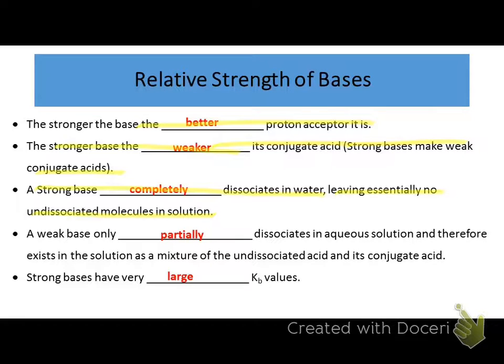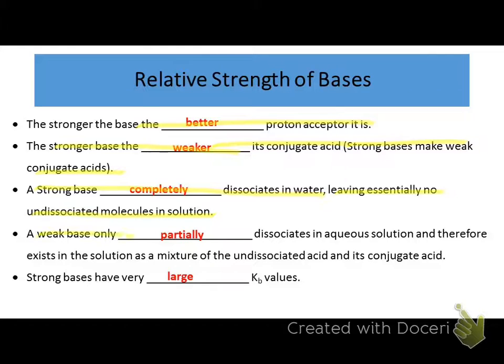A strong acid completely dissociates in water, or in other words, there's going to be a complete transfer of H pluses. Well, a strong base is going to completely accept those H pluses and dissociate completely in water.